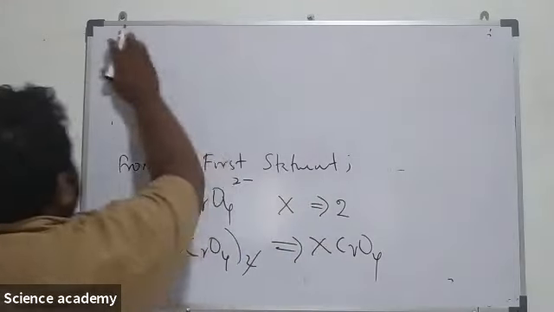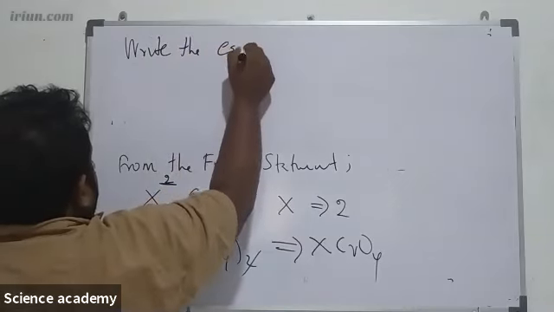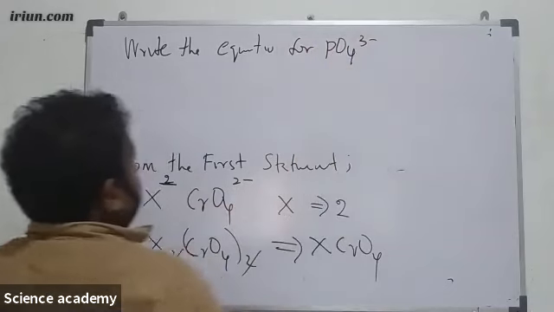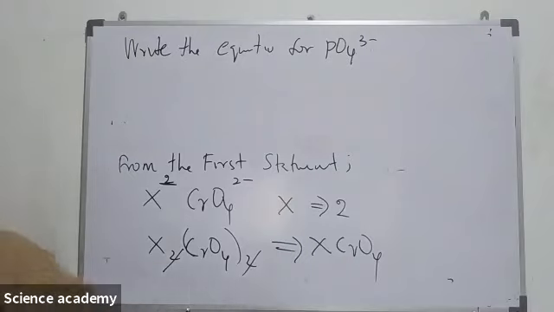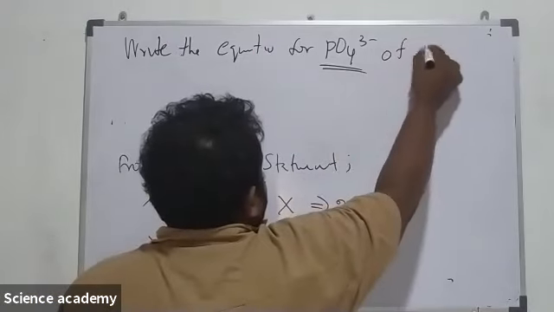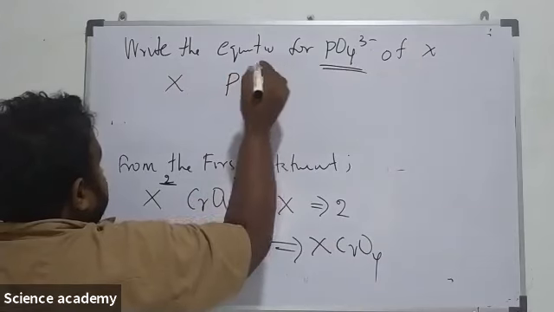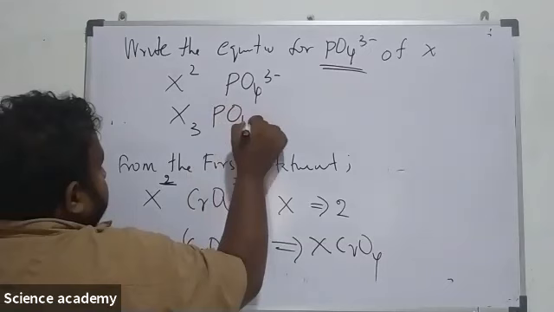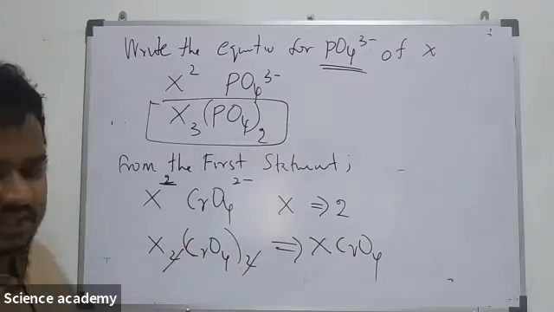So the question asks you to write the equation for phosphate, the phosphate of X. So with phosphate 3 minus and valence 2, it is X3(PO4)2. This is the formula.